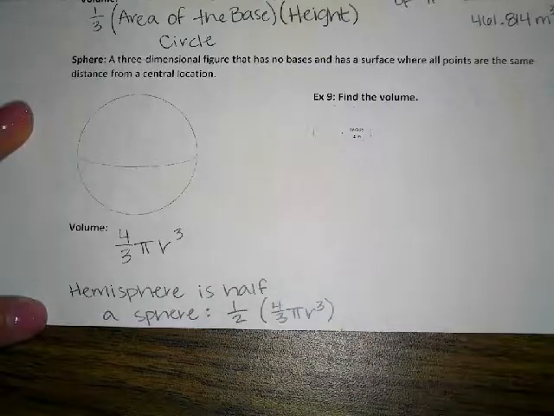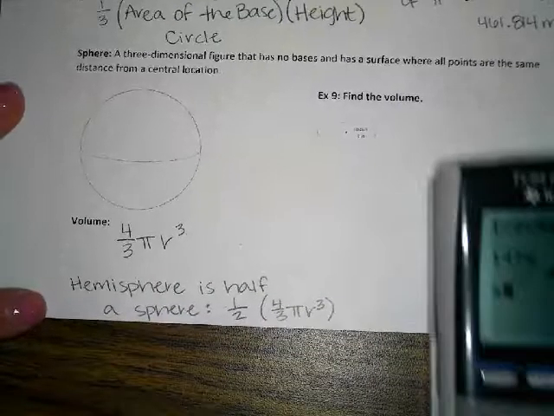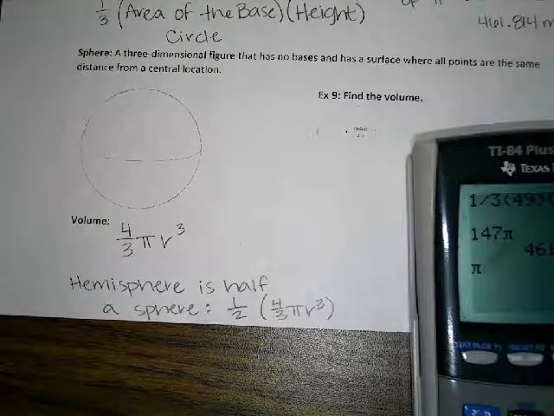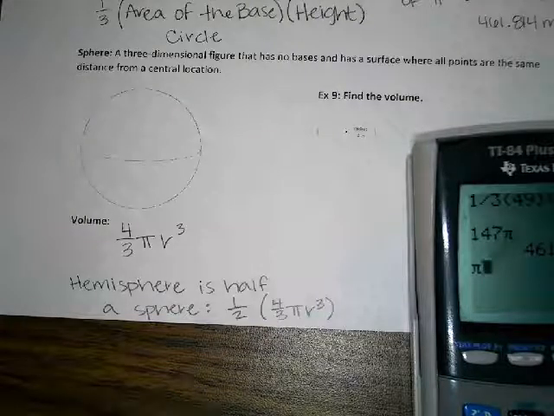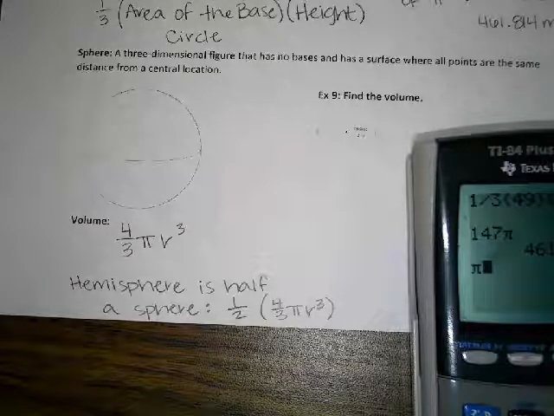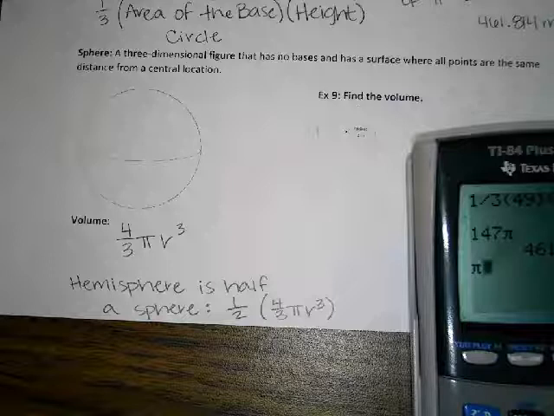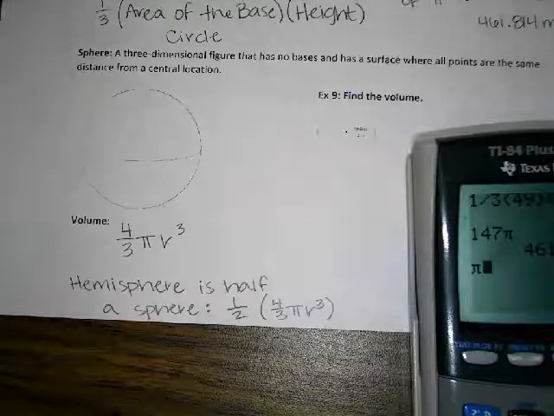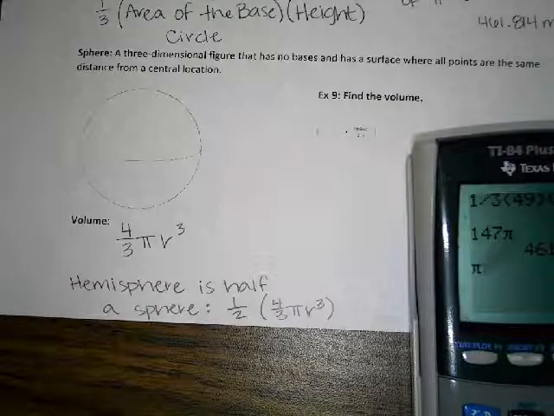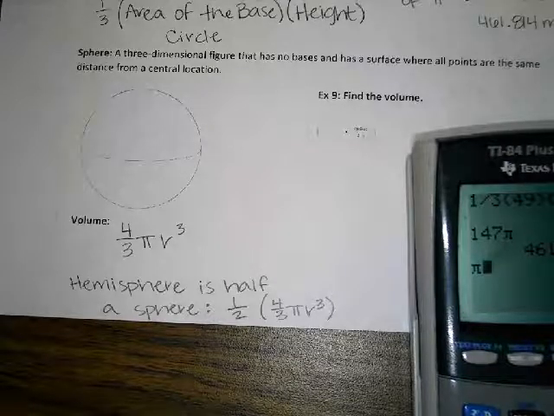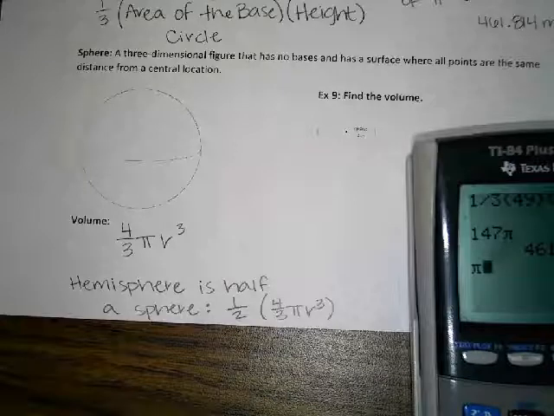And I'm writing that down because there are multiple problems where they'll just throw in a hemisphere and you'll be like, wait a second, we talked about spheres, not hemispheres. And that's because you just take the problem for the sphere and you just divide it in two. Or multiply it by 1/2. Okay? Hemisphere is half a sphere. Everybody say that real quick because it's fun. Hemisphere is half a sphere. Isn't that kind of nice? No? Okay. Let's move on.